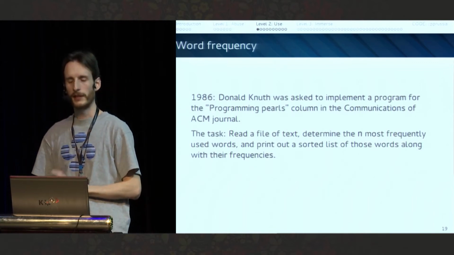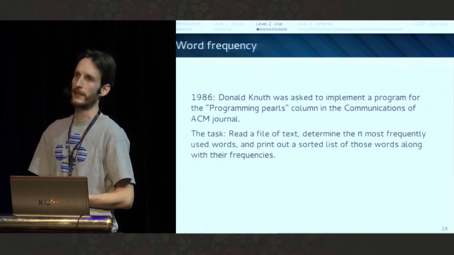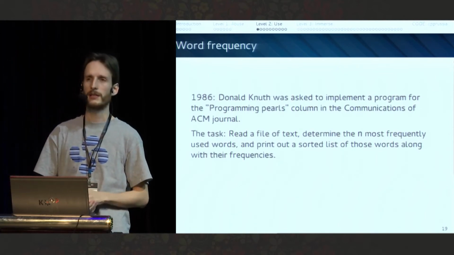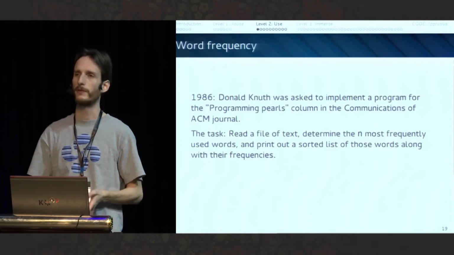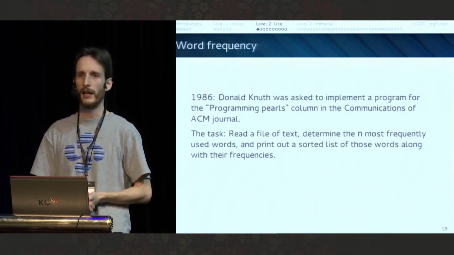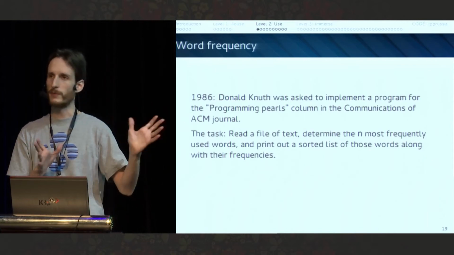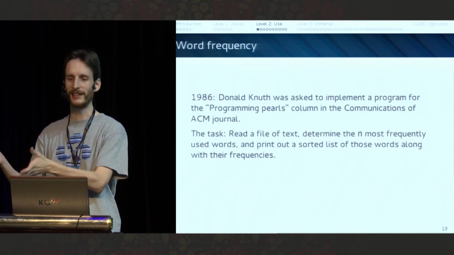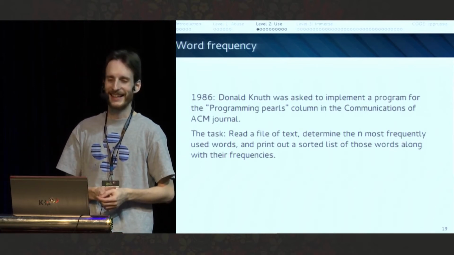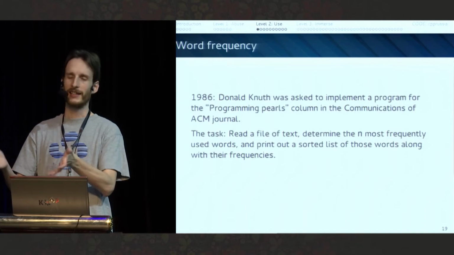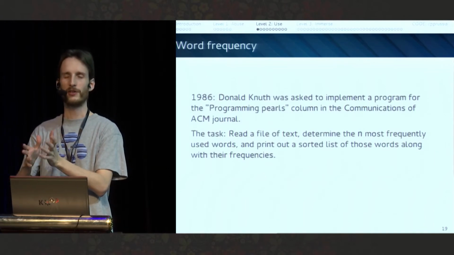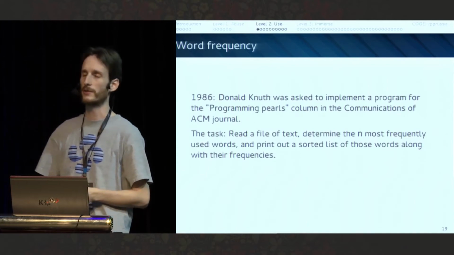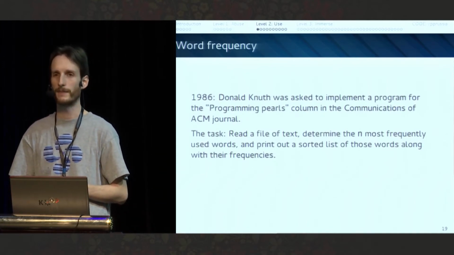Now, before we continue on a specific example, a long time ago, Donald Knuth was asked to implement a program for one of ACM's journals. And this is one of the most famous stories related to how Donald could fail. The idea was he had a text file, and he should write out, for example, the 10 most used words in the text.